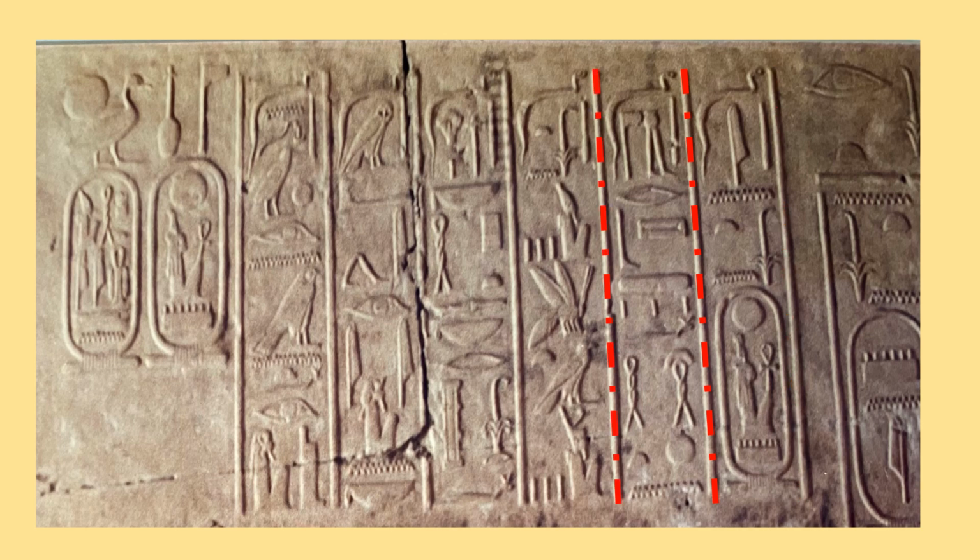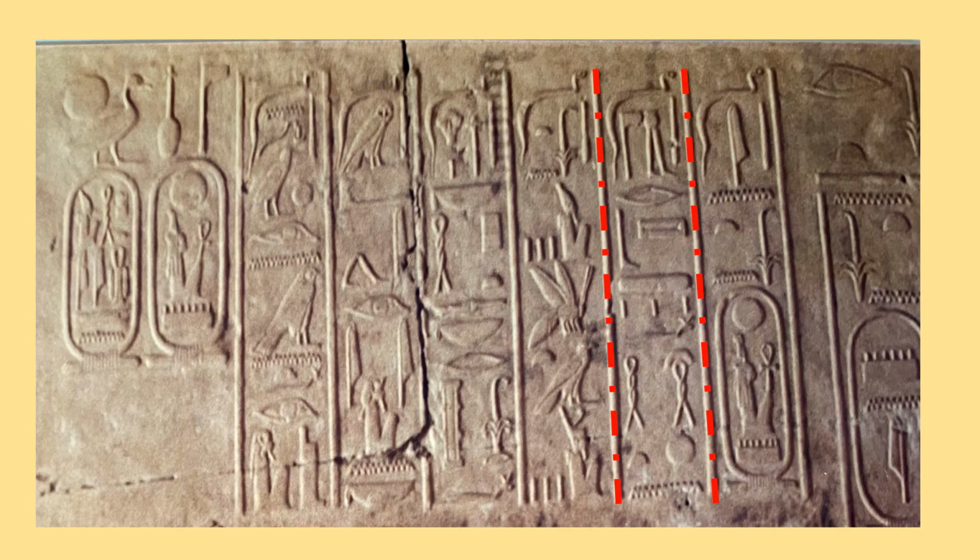In this column, we see the Yeti, followed by the water jug on legs and the Netcher symbol, which I think has some implications for the essence of Netcher. So I'm going to translate that as spoken in the moving spirit of Netcher. Then we have the mouth, the pool, and the leg and foot, which is SHB.